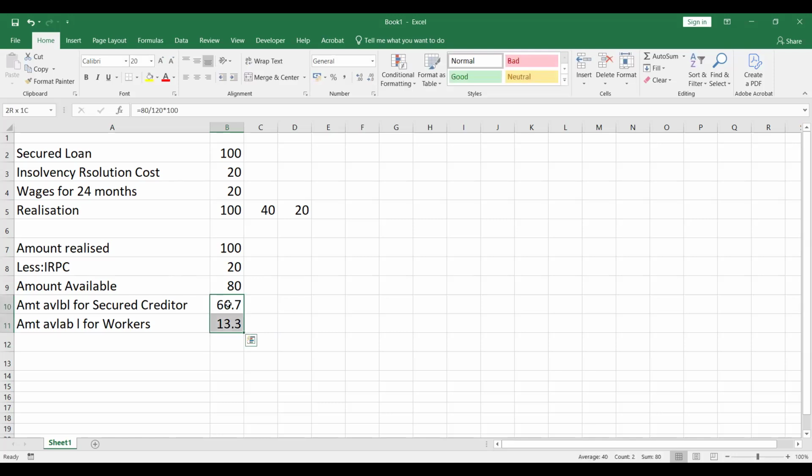If we add these two, it will come to 80. This is the calculation. Now suppose only 40 is realized.